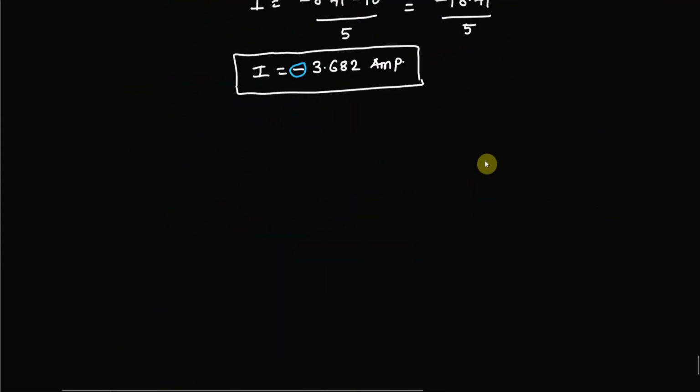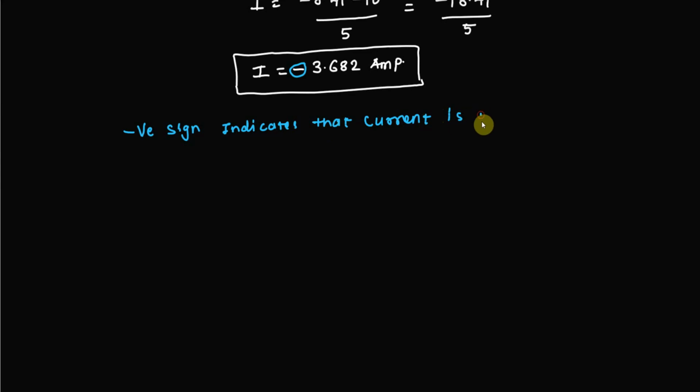So in the end we can write that the negative sign indicates that the current is flowing in the opposite direction of the assumption.